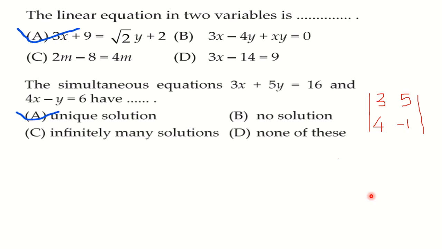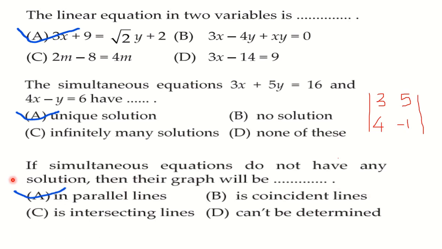Let us go further. The next one. If simultaneous equations do not have any solution, then their graph will be. So here the different conditions for graph are given. You know that when we studied the graphical method, I told you why we are using the graphical method to solve simultaneous equations. When we draw the graph of two equations, we get two lines and they intersect each other.